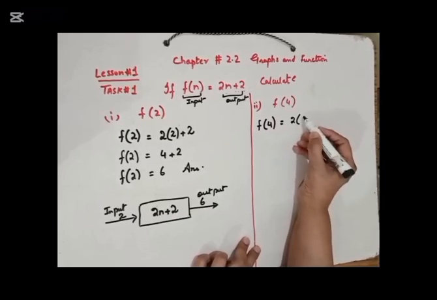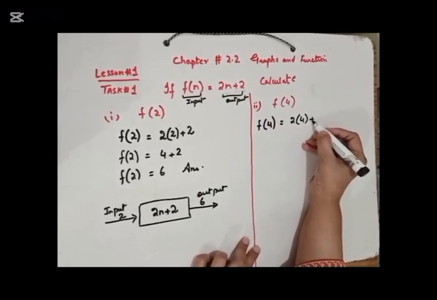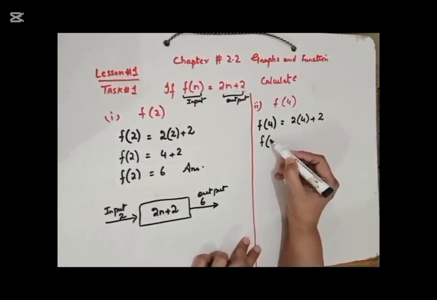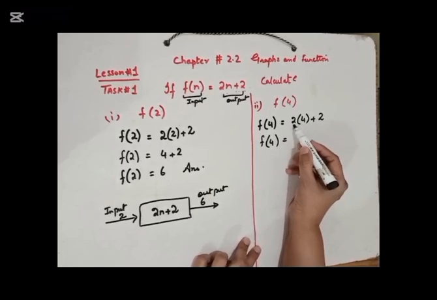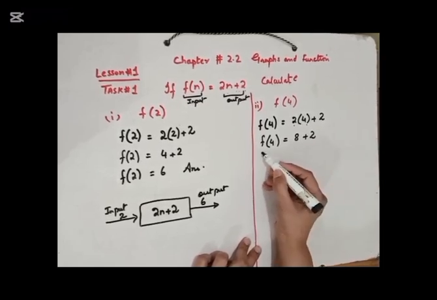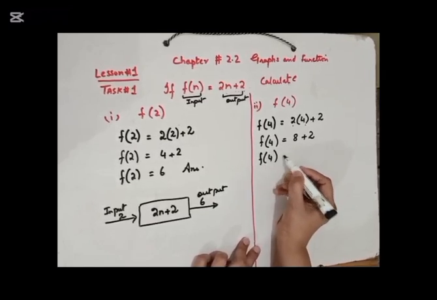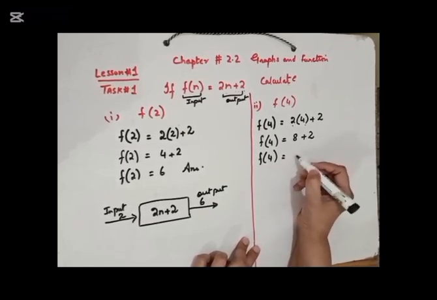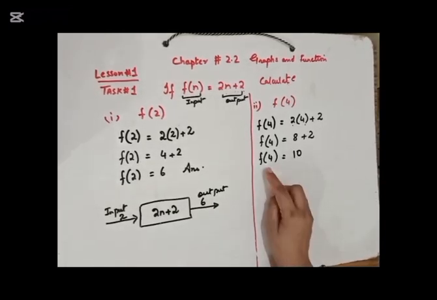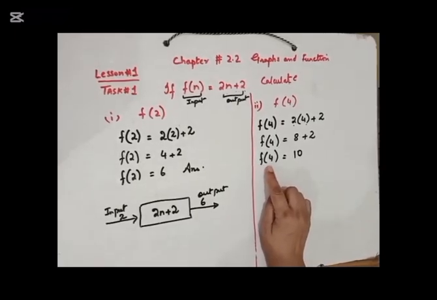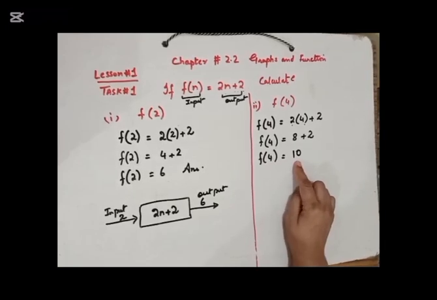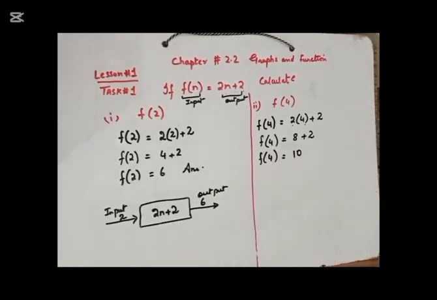So instead of n we substitute 4, and again add 2 as it is given in the equation. So f4 is equal to 2 fours are 8, and add 2. So f4 is equal to 8 plus 2, which is 10. So this is your answer. What is the value of f4, function of 4? We got 10 after doing these steps.